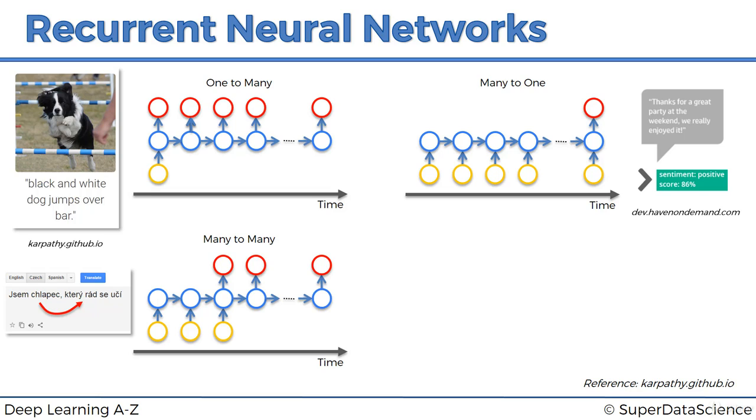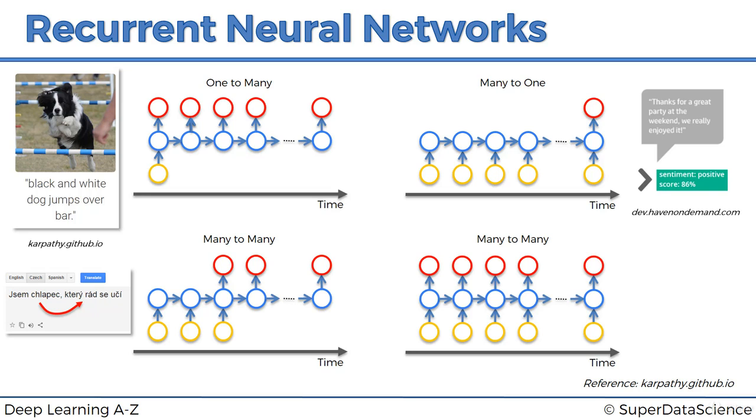You put in lots of words and then you get lots of words out. That's translation. And of course, not every example has to be related to text or images. There can be lots and lots of different applications of RNNs. For instance, many to many, you can use RNNs to subtitle movies, meaning that you can have running subtitles, or describe every single frame in a movie, and that is something you can't simply do with a CNN or other neural networks, because if you're watching a movie, you need context about what happened previously to describe what's happening now.